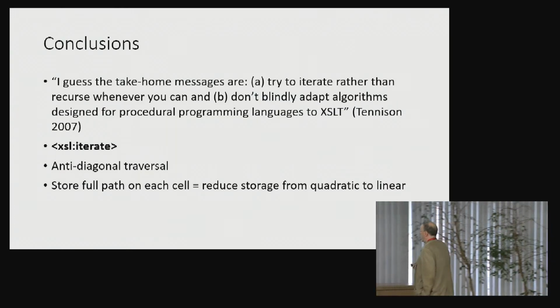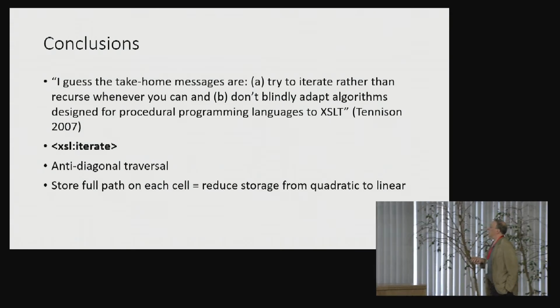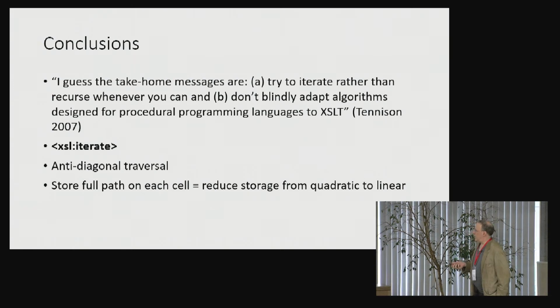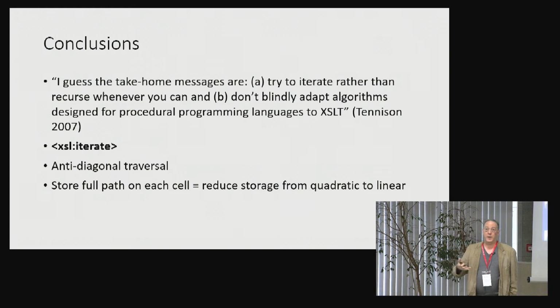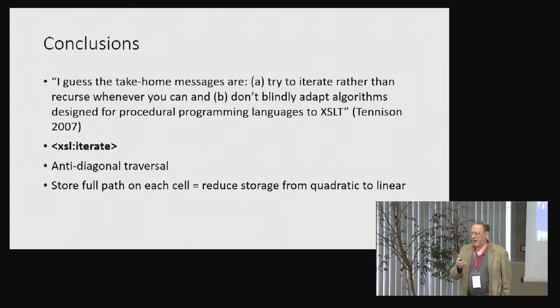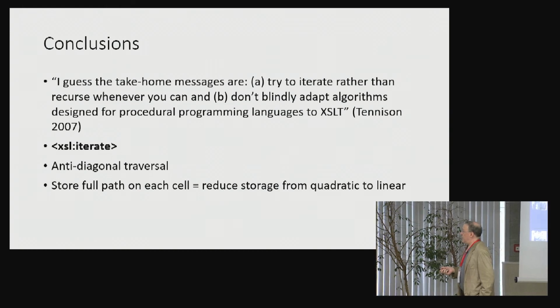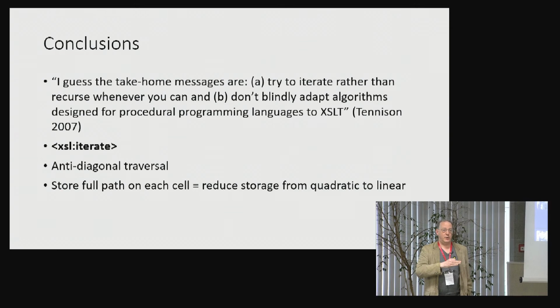I'm quoting the conclusion of Jenny's second paper here, where she says that you want to iterate rather than recurse. Now that we have xsl:iterate, we can do that, and we avoid any risk of the kind of overflow that you might get if you're doing recursion. And I'm implementing the antidiagonal traversal that Jenny used in that second solution.